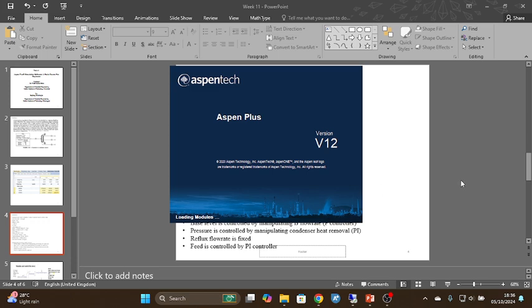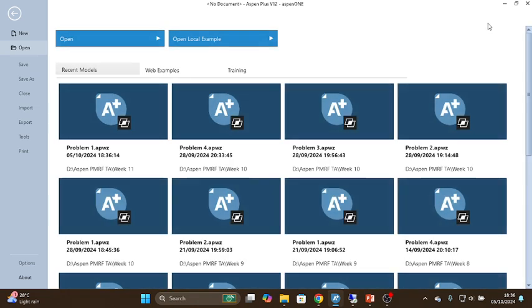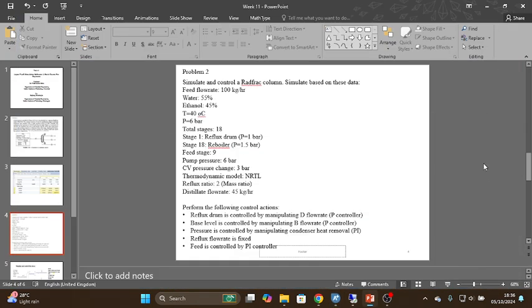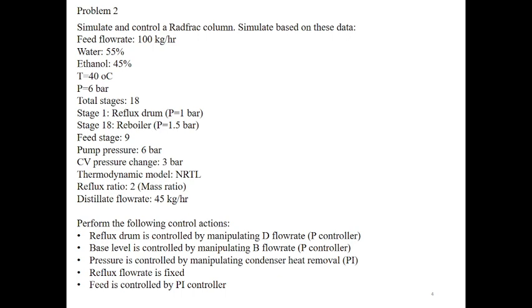So in this next problem, what we are going to do is we are going to solve for Aspen Dynamics.